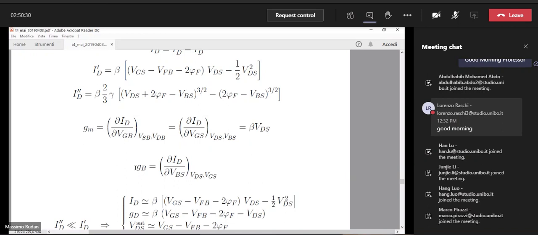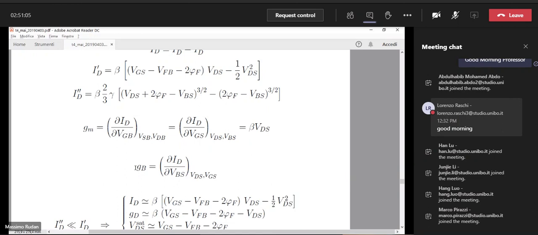A very crude approximation for the MOS transistor is neglecting ID second, okay? There are other approximations that are more refined, okay? But just to show one possible approximation, we assume that gamma is small so that ID second is negligible, okay? With respect to ID prime.